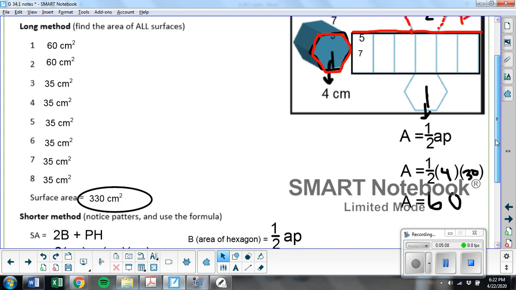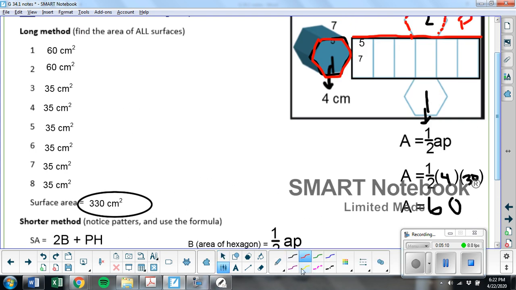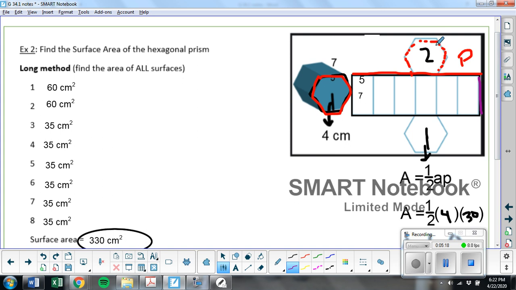And then height, notice height here, it's not height of the base, it's the distance between this base and this base, the distance between this hexagon and this hexagon back here. How far apart are they? 7.